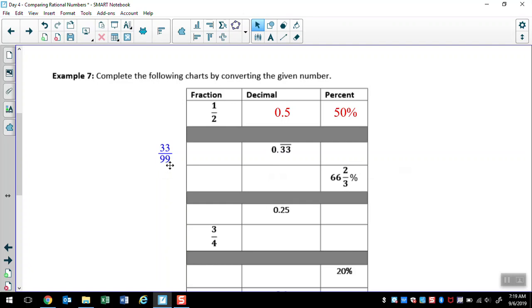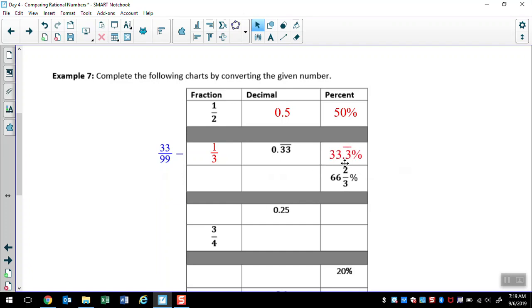All right, so now we can simplify 33 over 99, and we would get 1/3. Now if I want to convert this to a percent, I'm going to take my decimal point and move it over to the right 2 times. Since it's repeating, that means there are still more 3's that keep going.